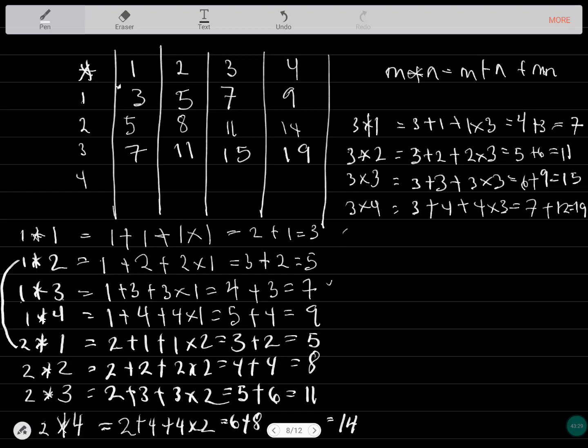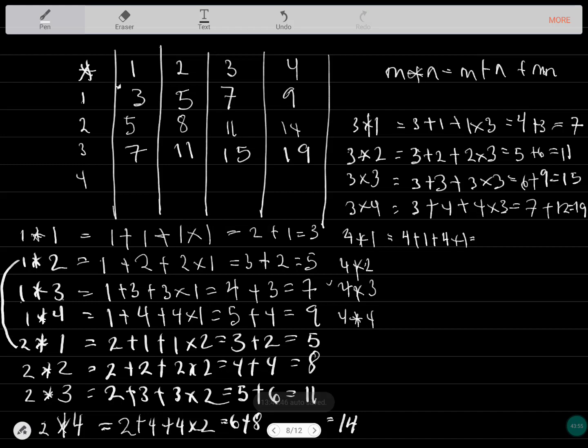Now we are moving on to 4. So 4 star 1, 4 star 2, 4 star 3, 4 star 4. The 4 star 1 would be 4 plus 1 plus 4 times 1.